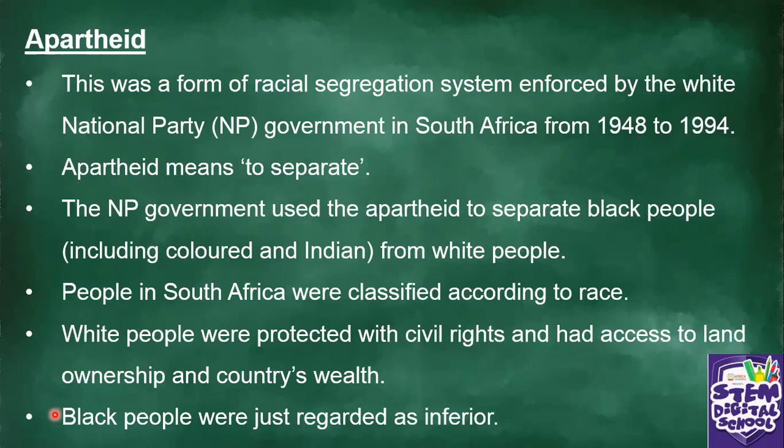White people were superior. Colored and Indian people were also inferior at that time of apartheid in South Africa. The apartheid system separated the blacks, the colored and the Indian on their own, and the white people on their own. The white people would gain the main benefits. They would have the civil rights, whereas the black people, nothing.